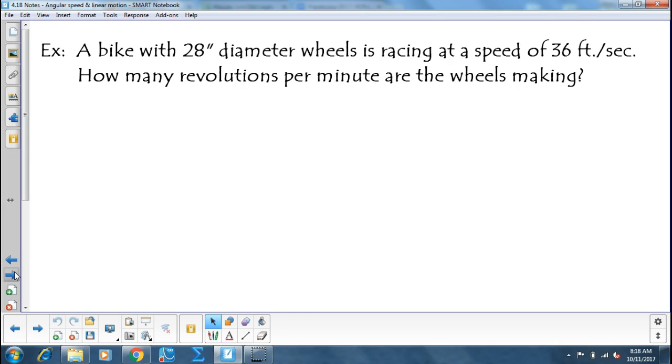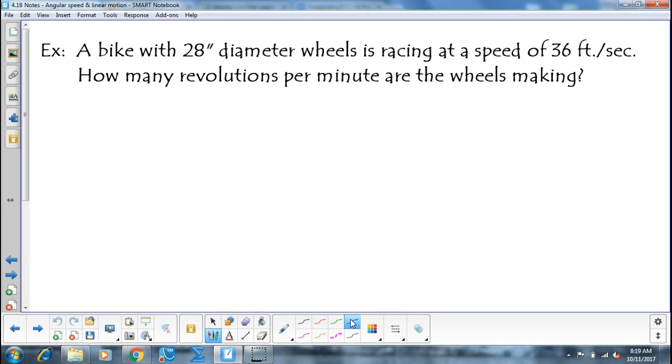How I would start this one is, you've got 2 different units going on here. You've got the 28-inch diameter, which is the size of the wheel, and you've got the speed of the wheel at 36 feet per second. So I would start with 36 feet per second.